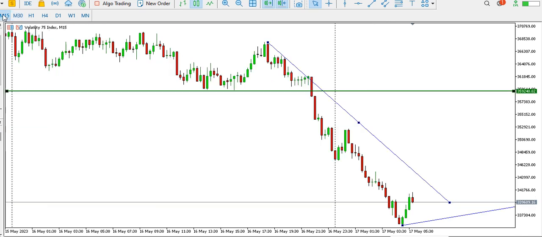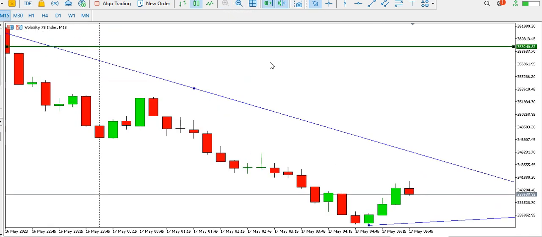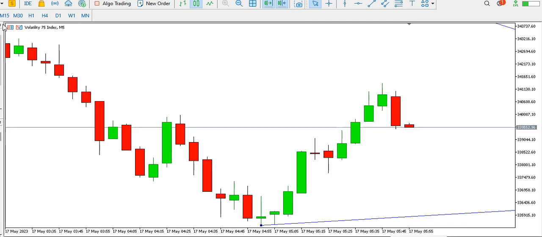Looking at the 15 minutes time frame, it's just been bearish. Sellers are stepping in. Look at this small upward movement, and sellers are already back in the market trying to push price down. So you might want to consider selling V75 Index.